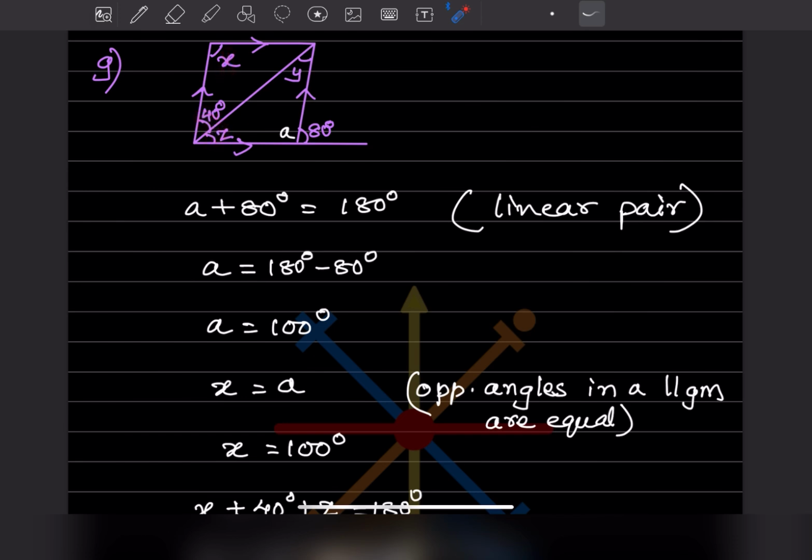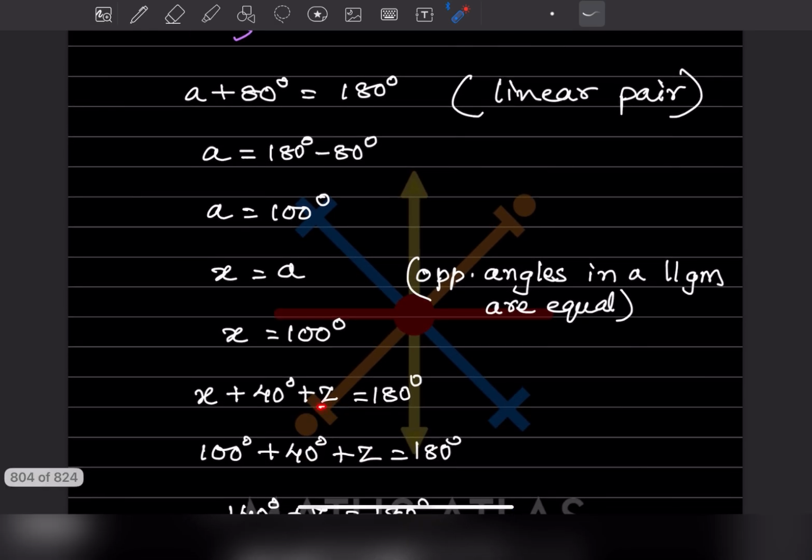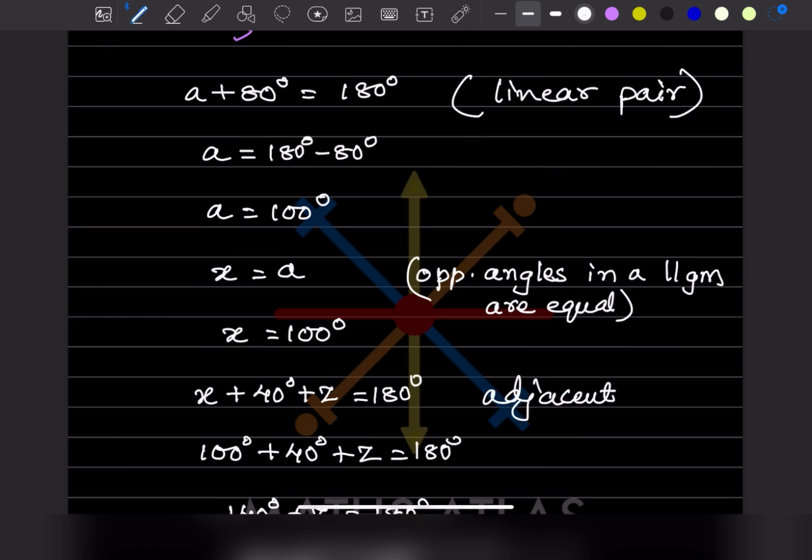We can write x plus 40 plus z is 180. Hope this is clear, because these are the adjacent angles, and adjacent angles should be supplementary, so x plus 40 plus z is 180 degrees.